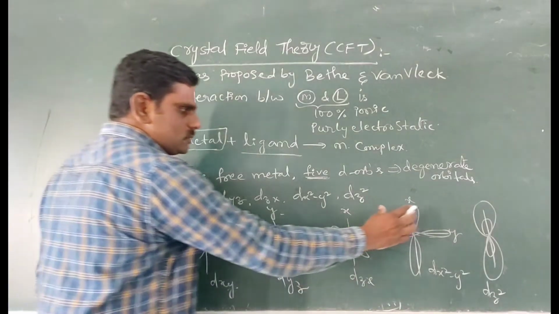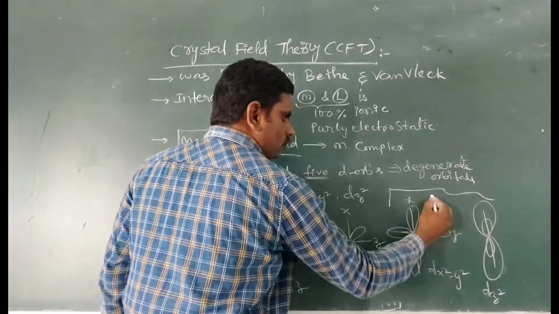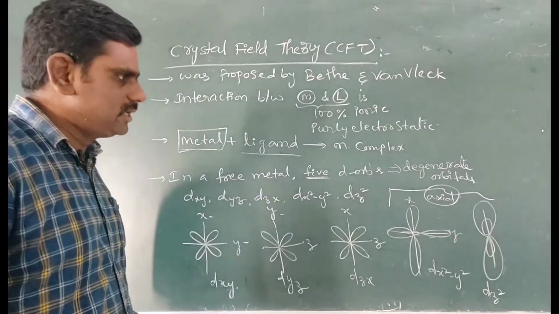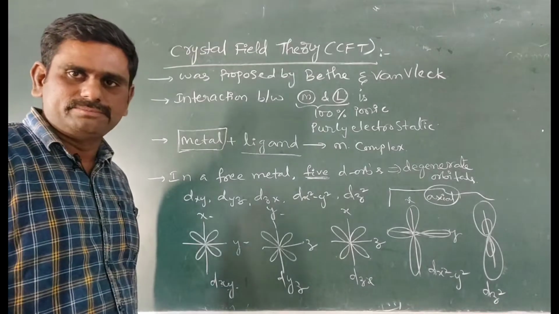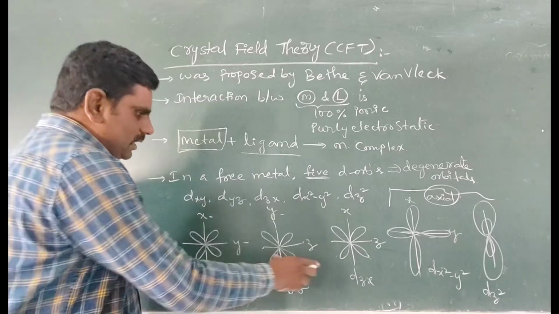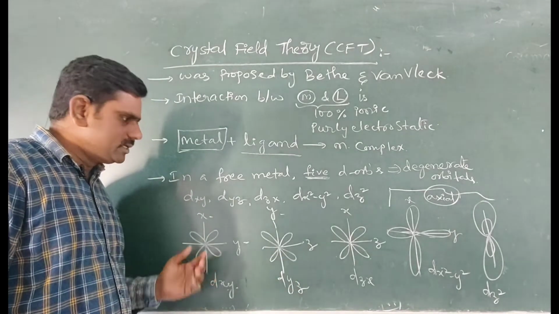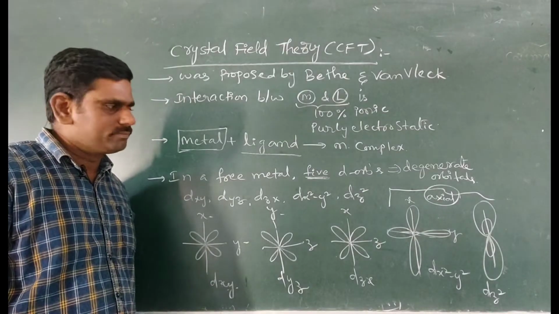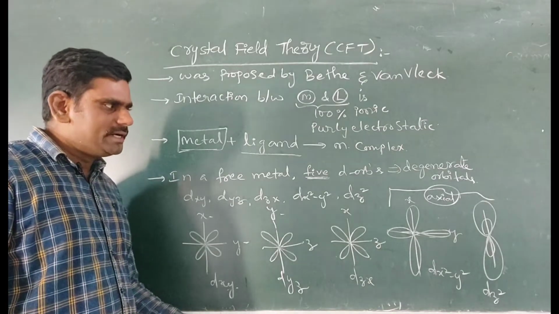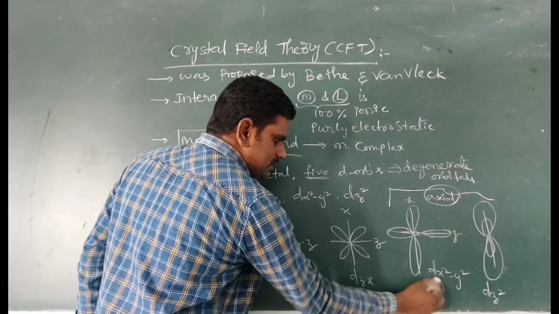Because these two are lying along the axis, they are called axial orbitals. Axial means the ones which are present along the axis. These three are present in between the axes, that's why they are termed non-axial. In octahedral splitting, these two orbitals are called Eg orbitals.